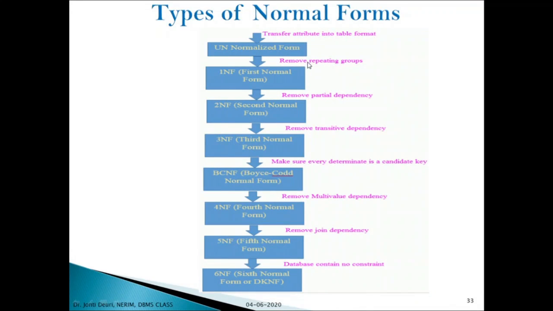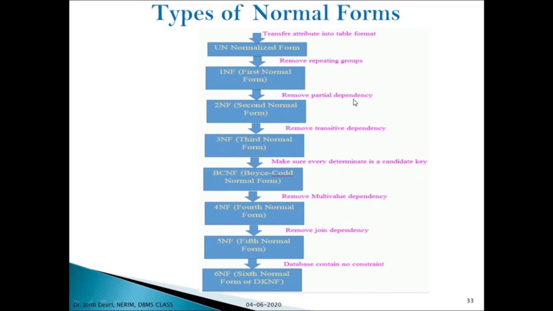That means if you remove the repeating group, then it will come to the first normal form. In the first normal form, there should not be any repetition of the attribute values, or multiple values. Then if you remove the partial dependency, then it will come to the second normal form.